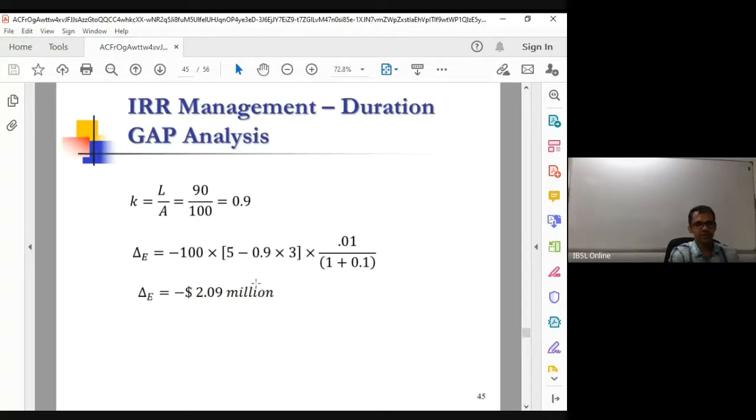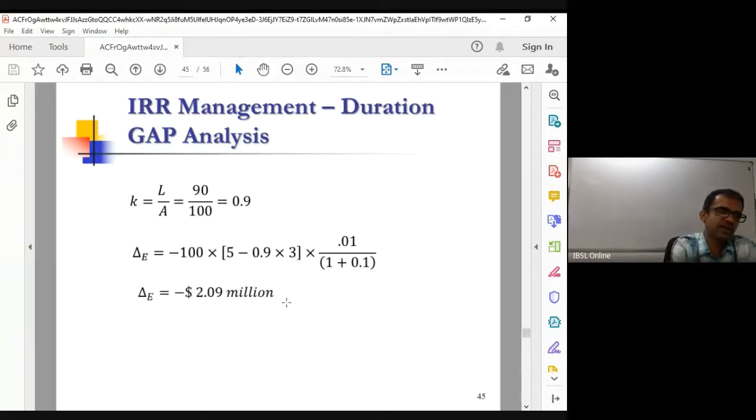So your equity value will go down by 2.09 million. So now you have 10 million equity. If the interest rate increases by 1%, your equity value will go down to 7.91 million, from 10 million to 7.91. So this is the impact on equity.